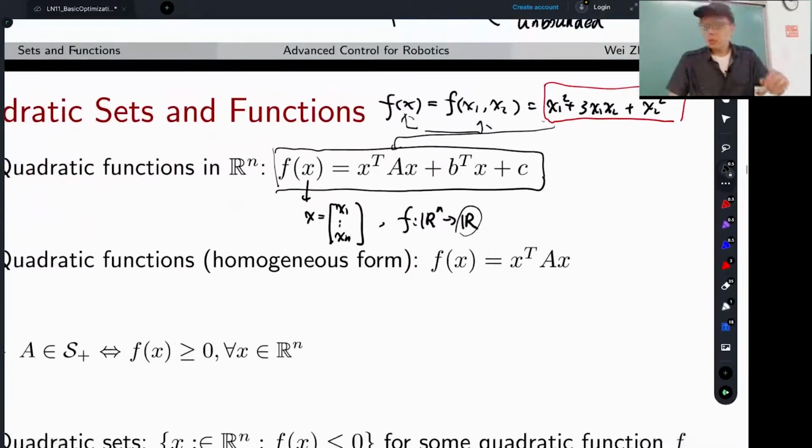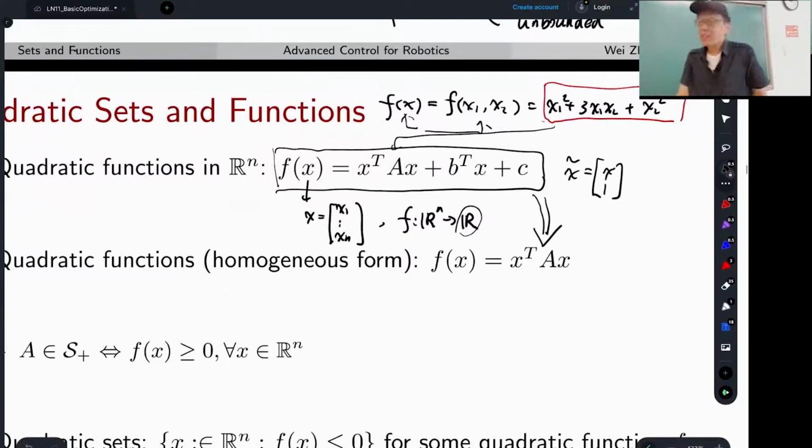Again, even for a quadratic function, we can also use homogeneous coordinates. It's the same way. If you define x tilde as x appended with a 1, this becomes an n plus 1 vector, right?